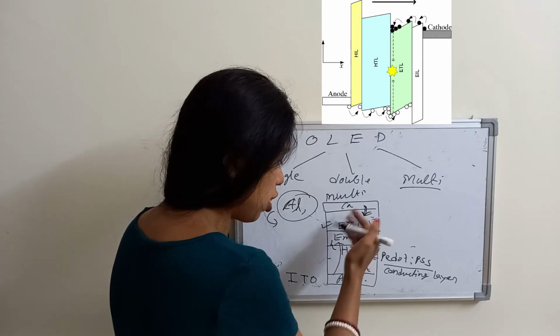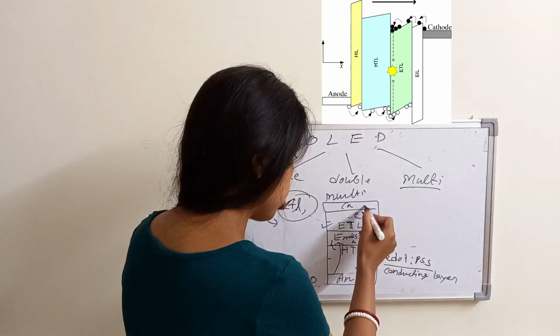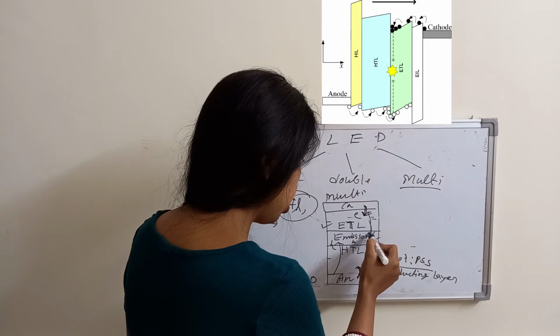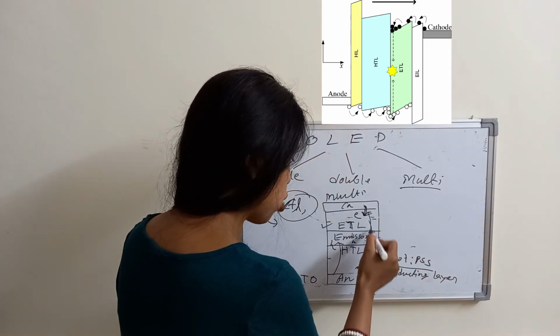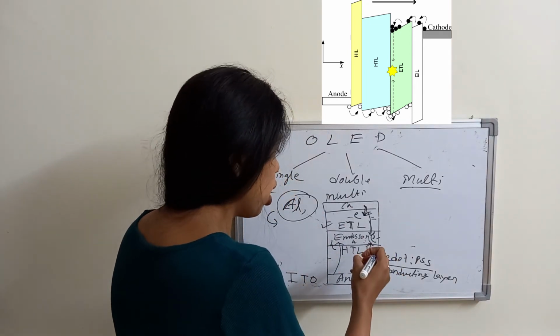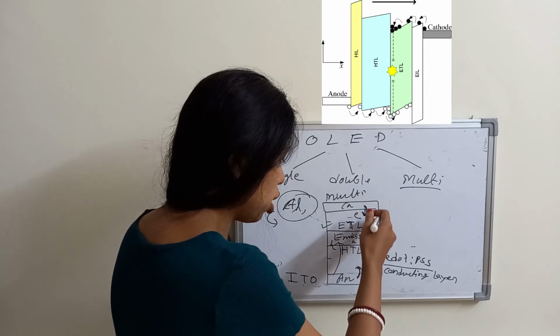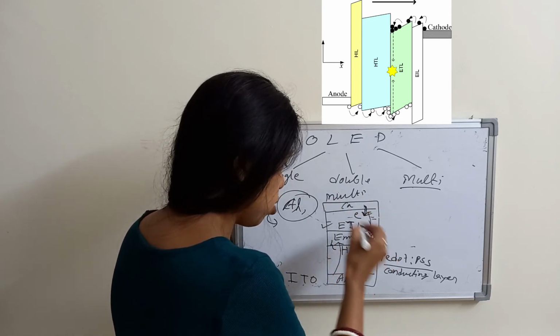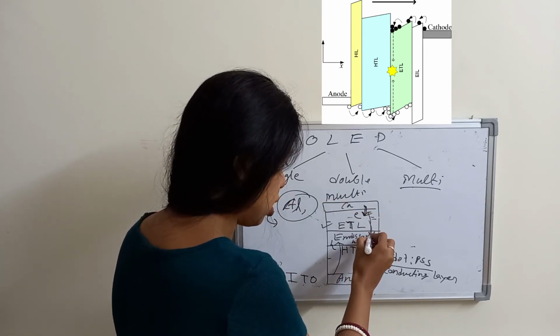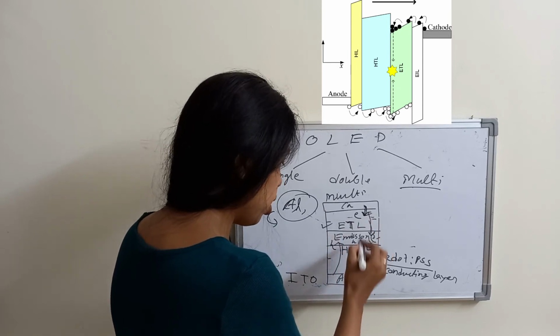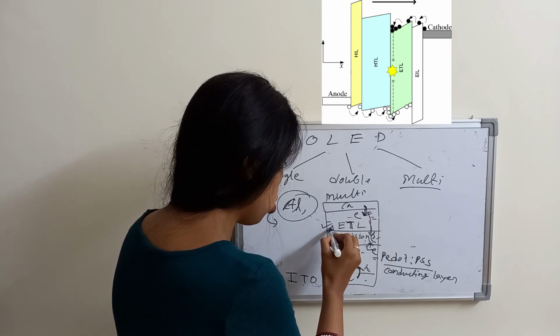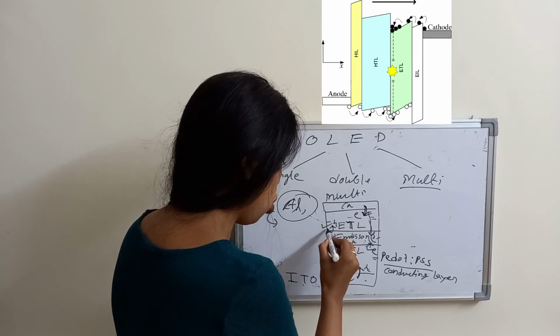After that, I will tell about the electron transport layer, which has the opposite function of the hole transport layer. It transports electrons through the device. It injects the electron from the cathode and transports the electron through the device, where it is collected by the emission layer. Same thing, it restricts holes from the opposite side.